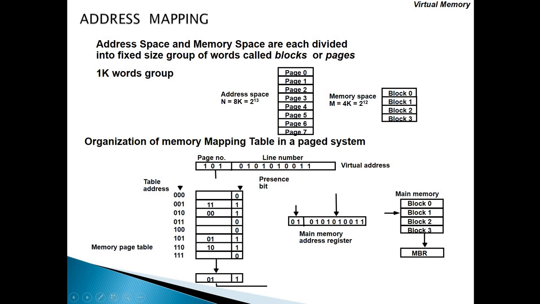Hence, the page number is reduced as the block number, which is transferred to the main memory address register. Hence, the page number 101 is reduced as block number 01, which is available in the main memory, that is block 1. Then, the line number is going to be the same for both page as well as the block. Hence, the relevant line number is searched in block 1, and that will be transferred to the memory buffer register. This table is used to reduce the page number into a block number.